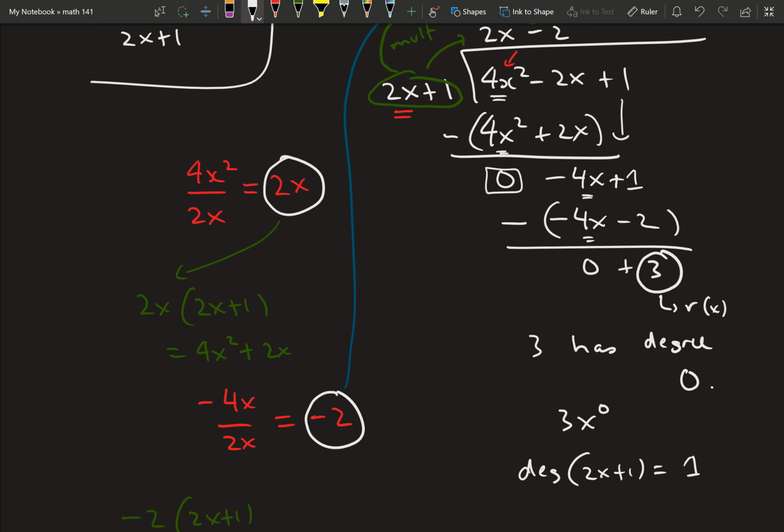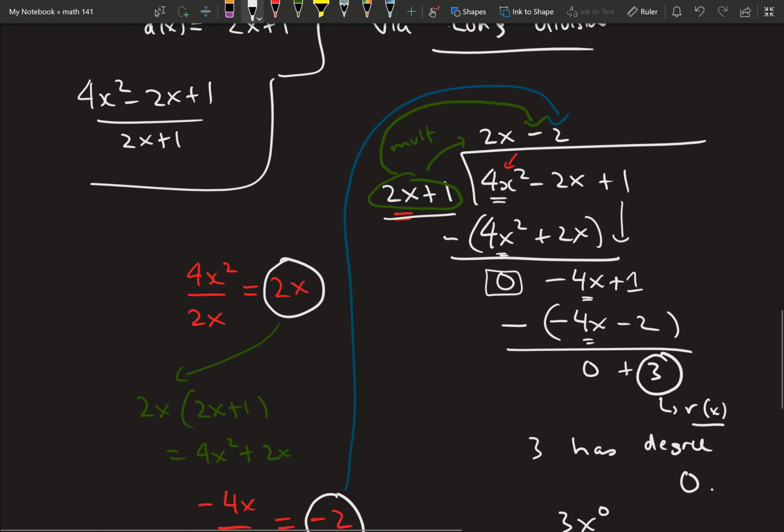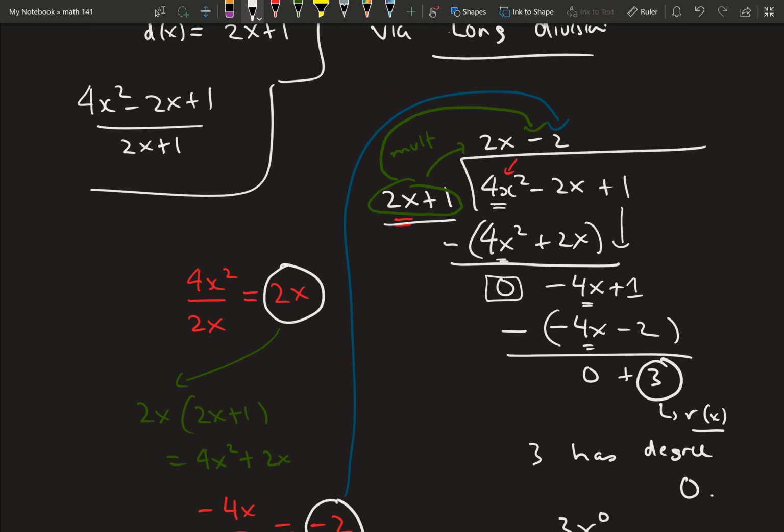It's a degree 1 polynomial. We have gone now to a place where the term we have is smaller degree than what we have in our divisor. And so you can't divide 3 by 2x plus 1 or 3 by 2x. So we stop here. And whatever we got here, this part, that's our quotient. And this part here, what we left at the bottom, that's our remainder.